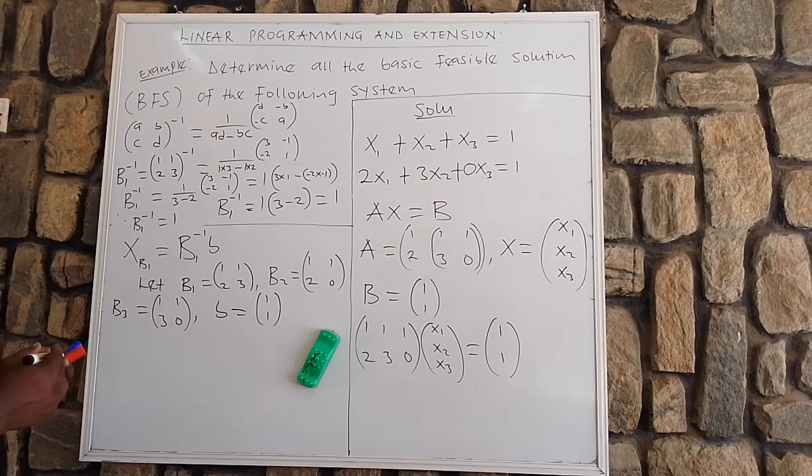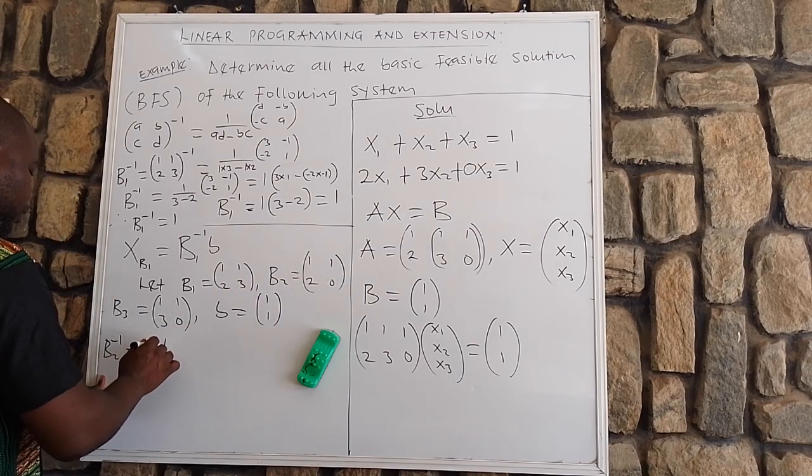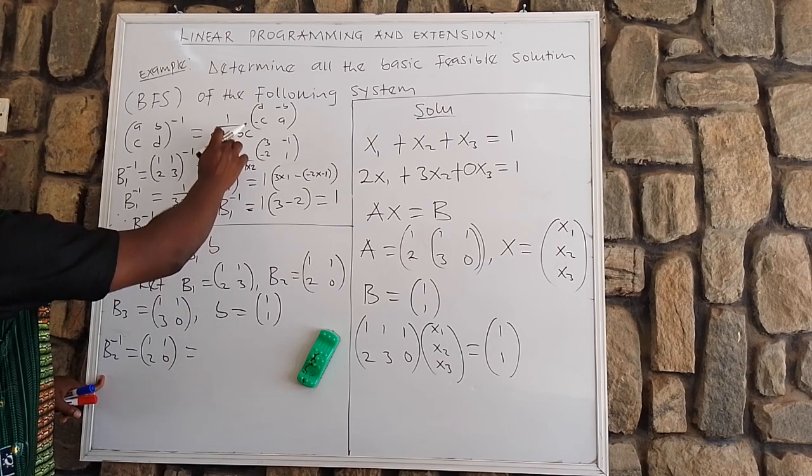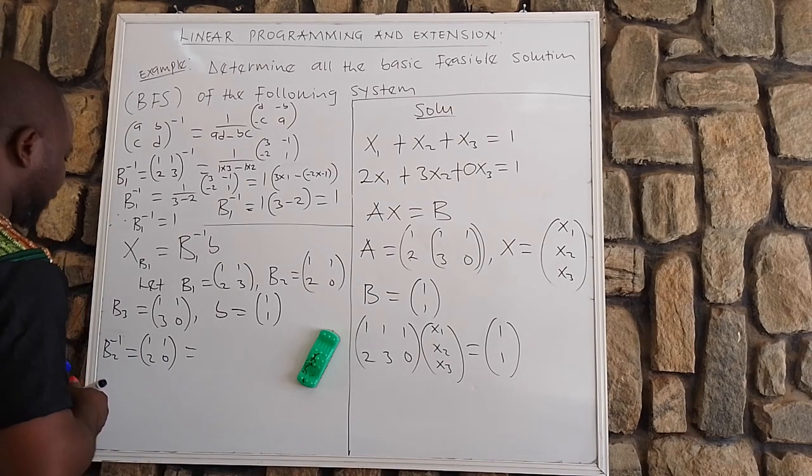Take note. So let's look for B2 inverse. We are going to apply the same method. Our B2 inverse is now equal to, these are B2, 1, 1, 2, 0, equal to, we will apply this formula.